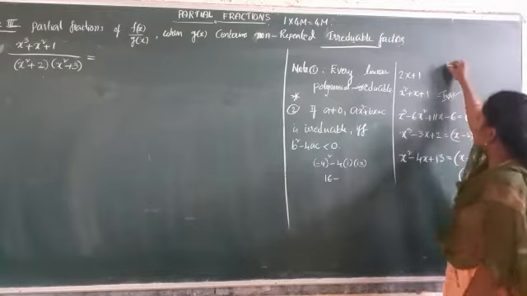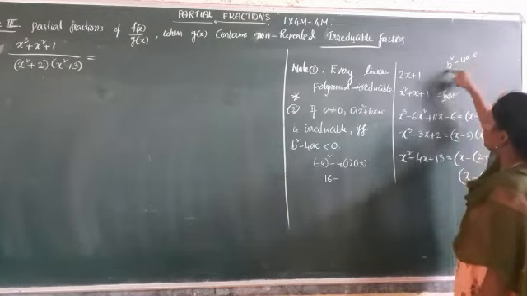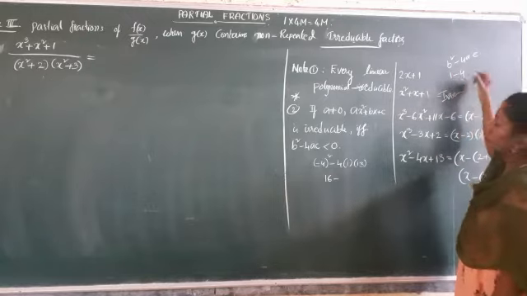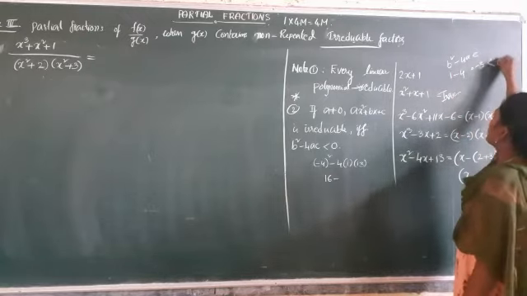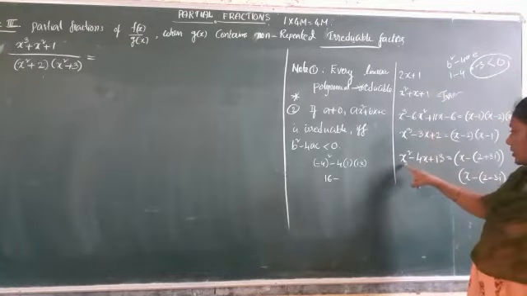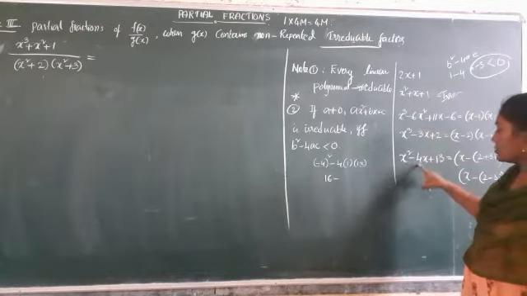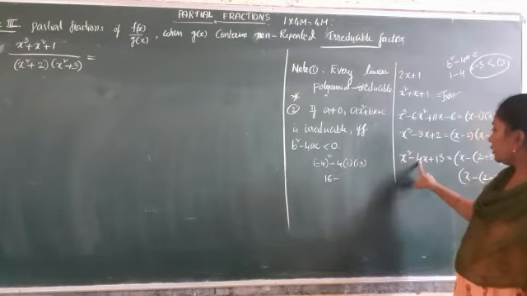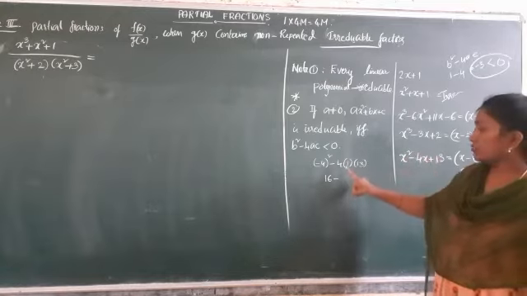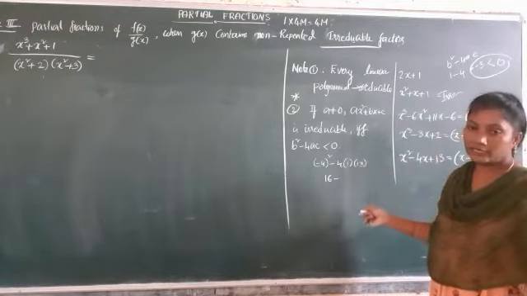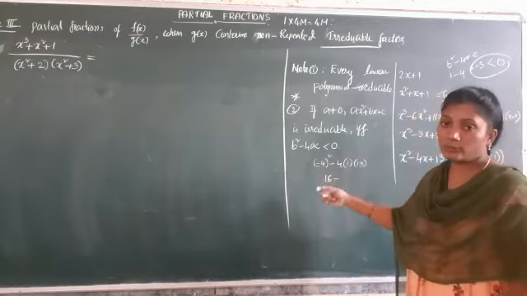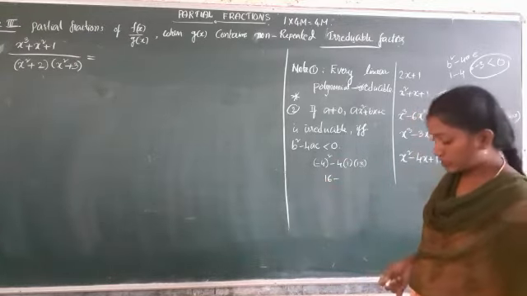Let us see, b value is 1. 1 minus 4 into 1 into 1, that is 1 minus 4, which is minus 3, less than 0. So this is irreducible. And here also you check b square minus 4ac. b value is minus 4, so 16, minus 4 into a into 13, you will get a negative value. b square minus 4ac is less than 0, so it is irreducible. Simply you can check.